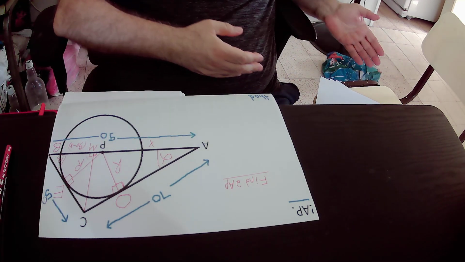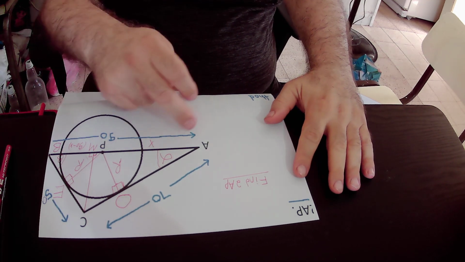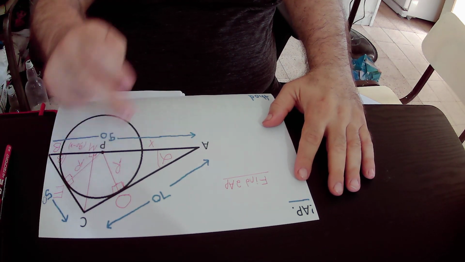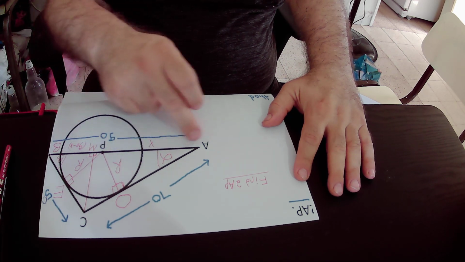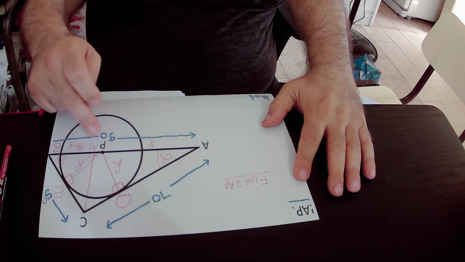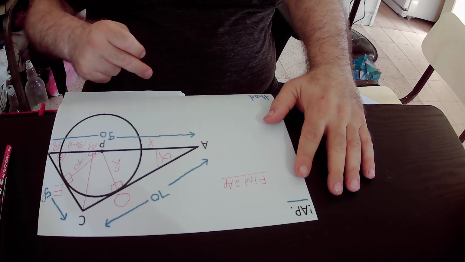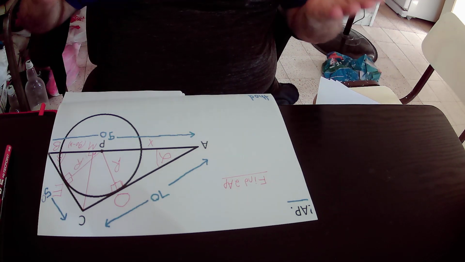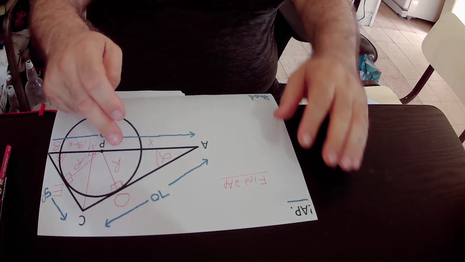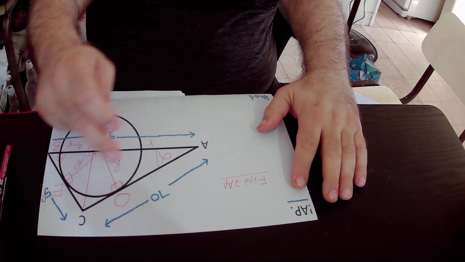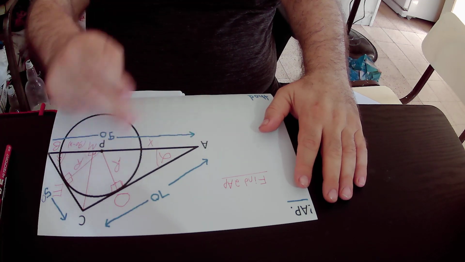So according to our rule, the radius and the tangent are perpendicular to each other. So angle POA equals 90 degrees and also angle POC equals 90 degrees. Or PO, the radius of the circle, is perpendicular to AC, that is the tangent to this circle.